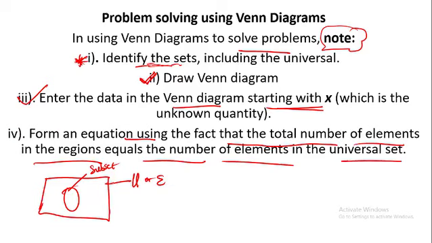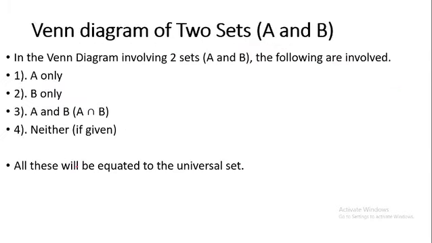That means the number they gave the universal set to be must be equal to all the elements inside the universal set. Okay, so let's quickly go over to the next thing.